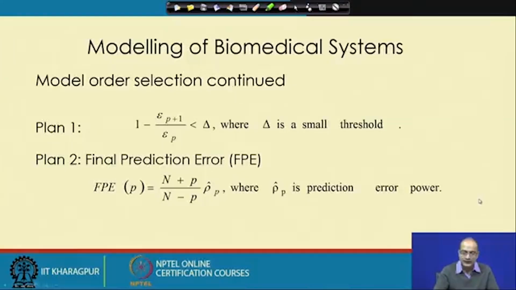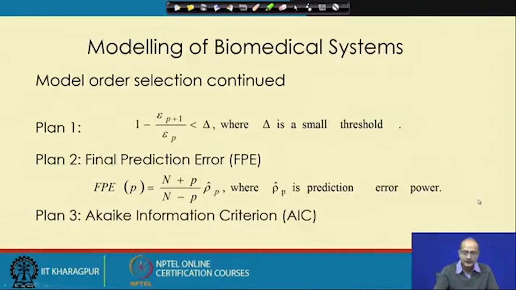So, there has been a proposition based on information theory, proposed by Akaike. It is known as the Akaike information criterion, which gives a technique to select the model order.